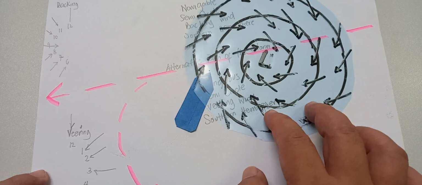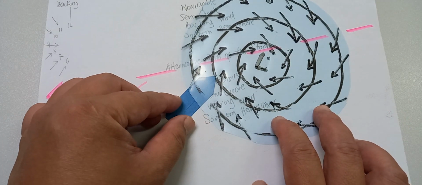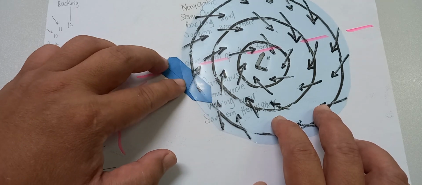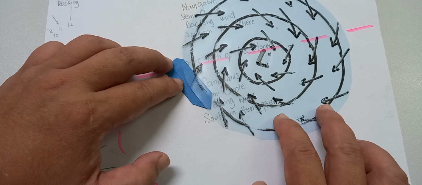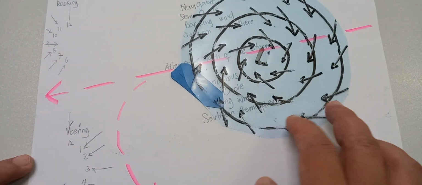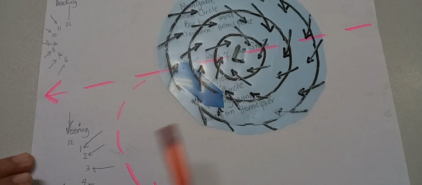So while the tropical revolving storm is rotating, you need to put the wind on the port bow. So you need to put the wind on the port bow there.